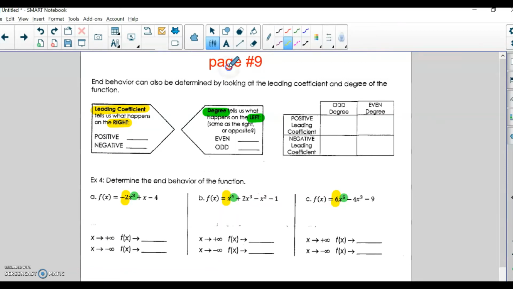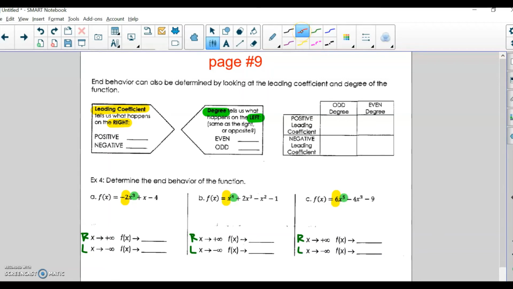All right, so I'm going to reiterate from earlier that when x goes to positive infinity, that's the right side, and when x goes to negative infinity, that is our left side. Remember that our answers here are going to be positive infinity or negative infinity, okay? So when the leading coefficient, so we're back over here to the leading coefficient stuff.